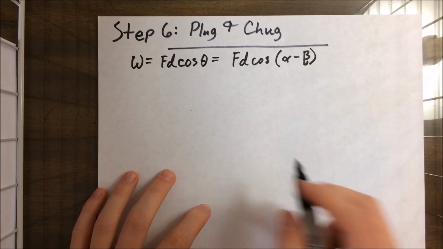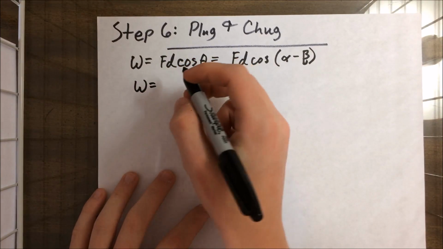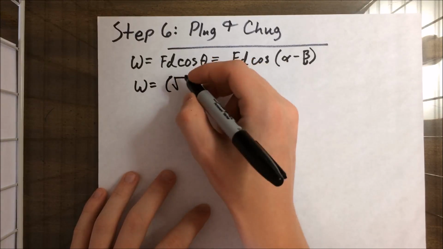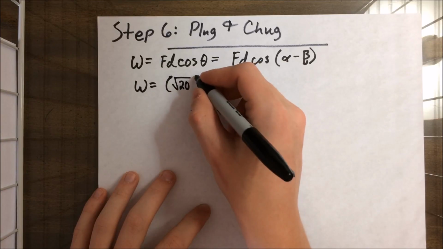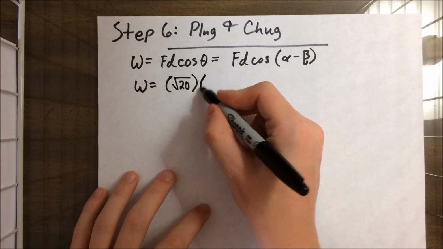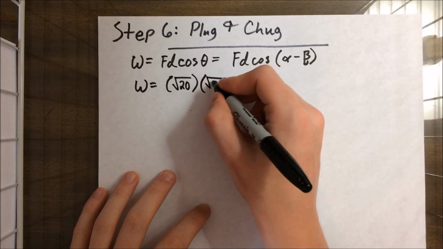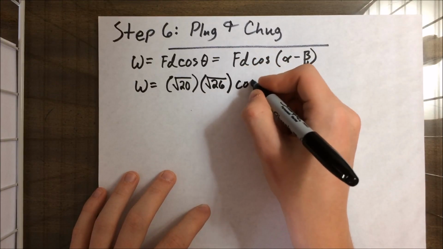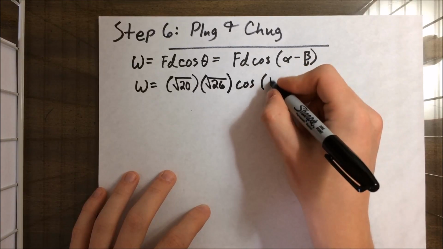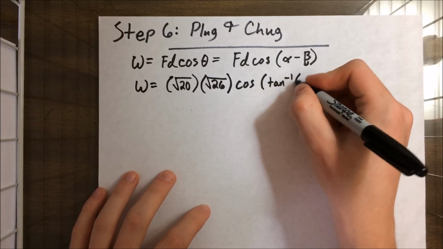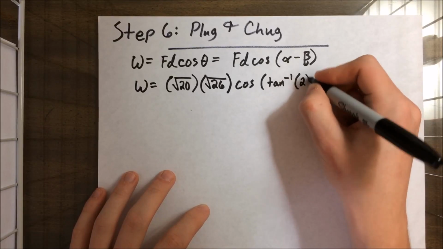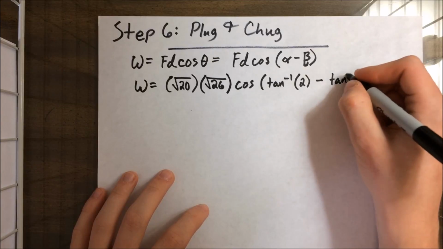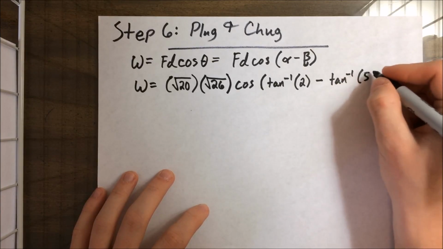Okay, so now let's go ahead and plug in. So work is equal to the square root of 20, so that would be the force, times the square root of 26, that would be the distance, cosine of alpha, which is tangent -1 of 2, minus beta, which is the inverse tan of 5.